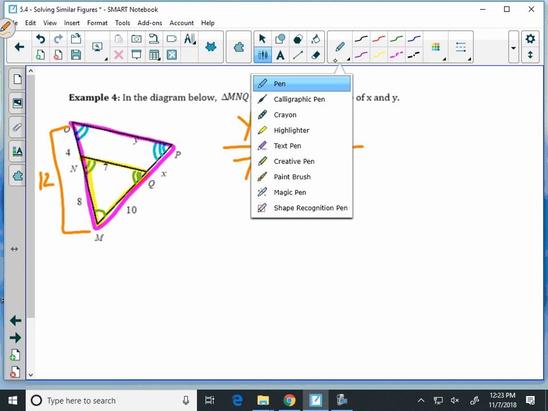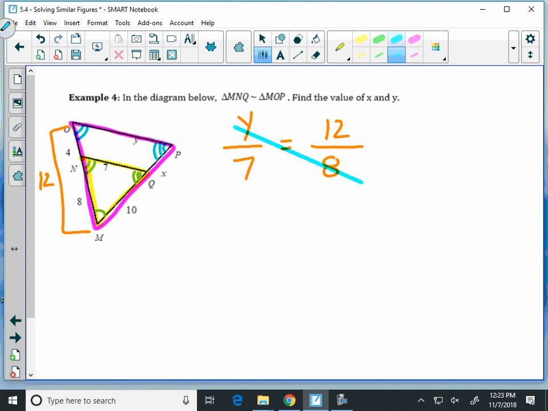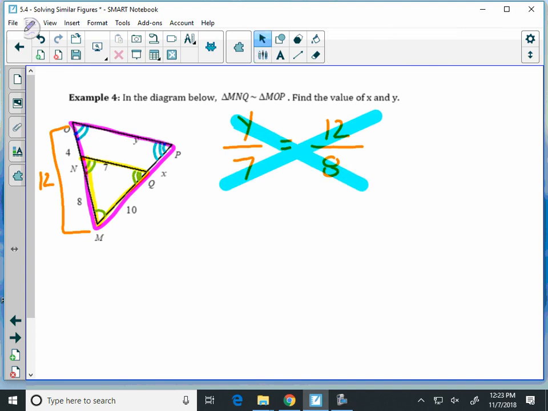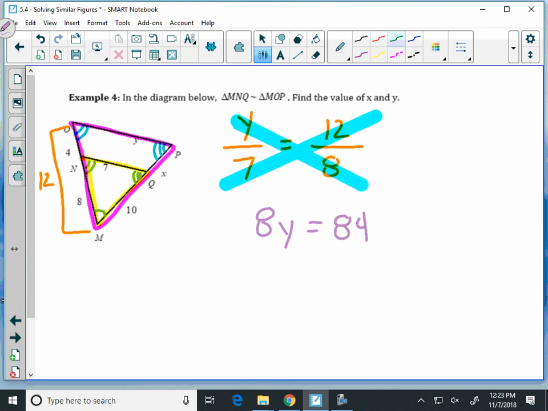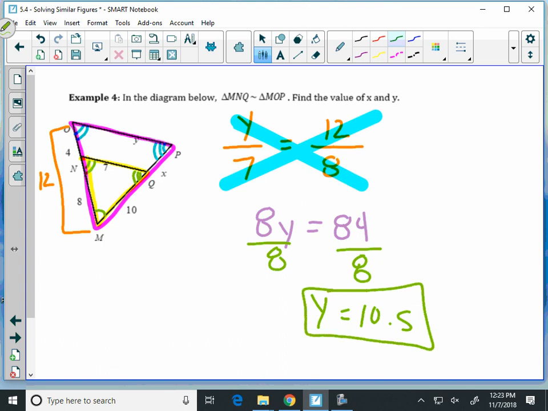Let's multiply. 8 times y is just 8y. 7 times 12 is what? 84. And then what do we have to do with that 8? Divide. And 84 divided by 8 is what? 10.5? There we go.